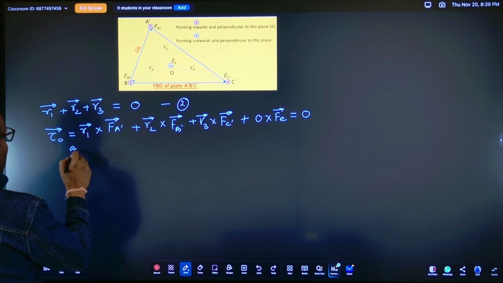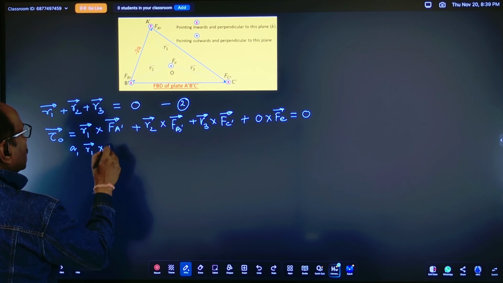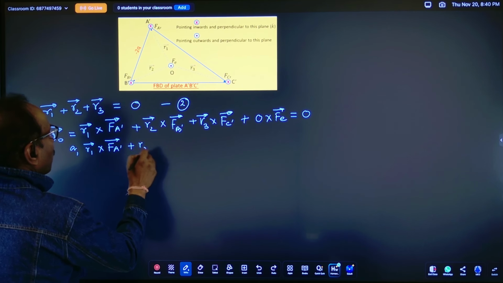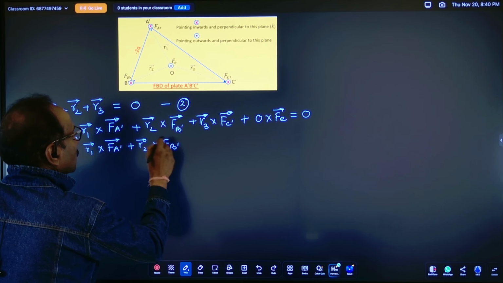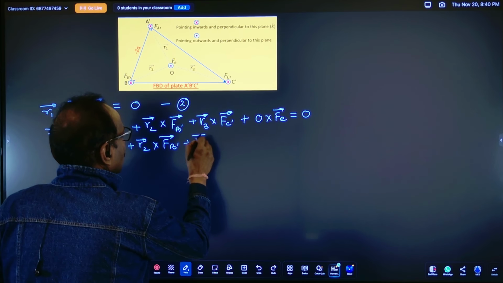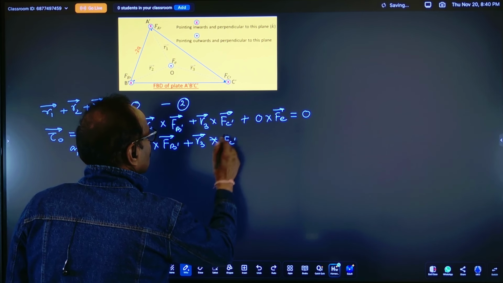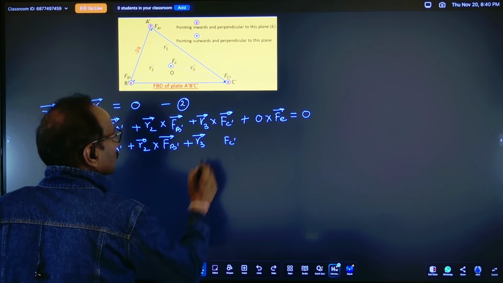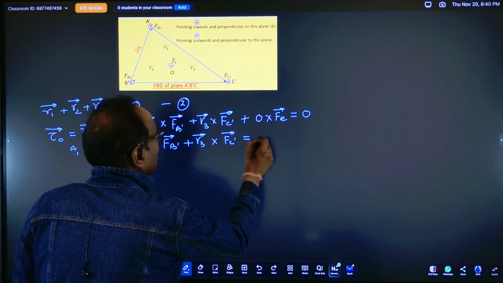So what we got is R1 cross Fa prime, R2 cross Fb prime, R3 cross Fc prime as 0.